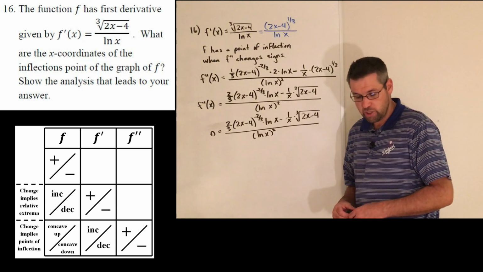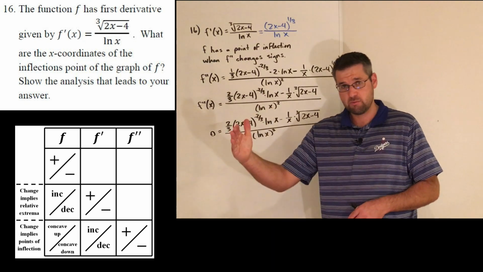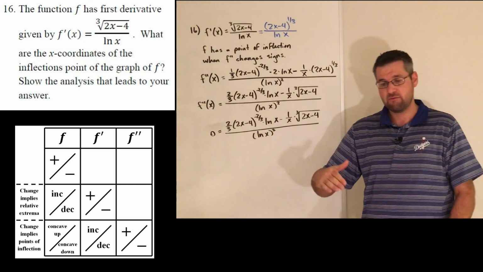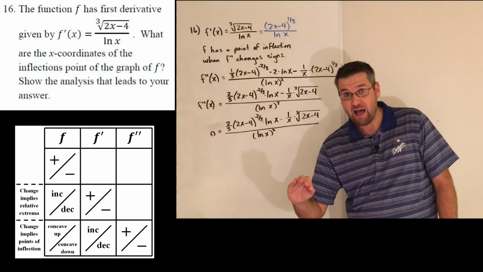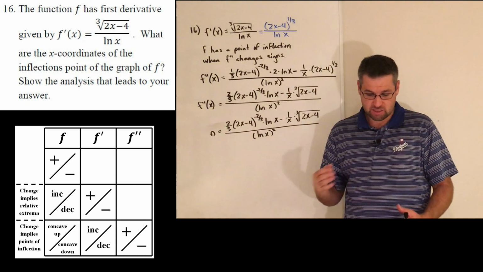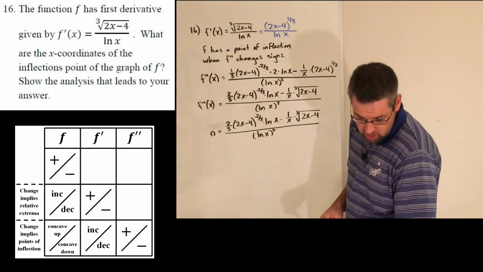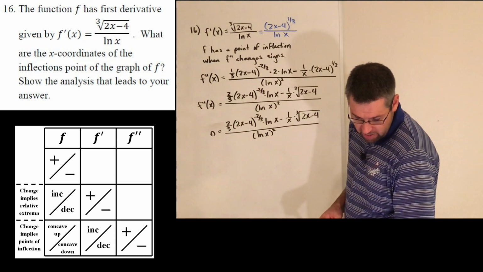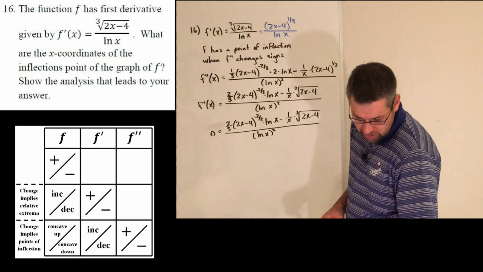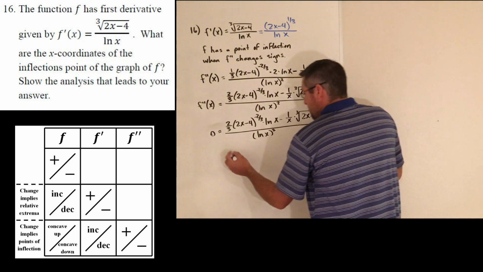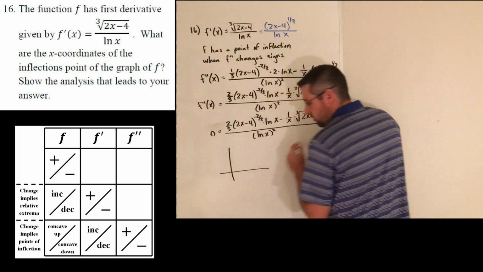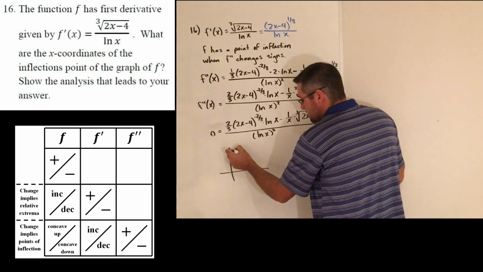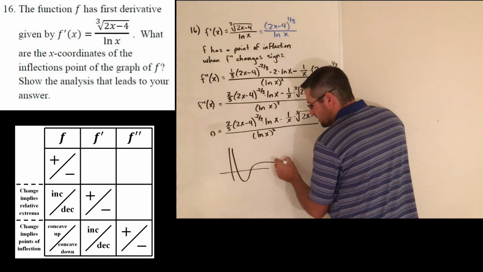So if you change your window to be from 0 to 100 and from negative 0.05 to 0.05, you can see a lot more about what's going on in this graph. So I'm going to give you a quick sketch of what that looks like. The second derivative on the graph with this really weird scale looks something like this.